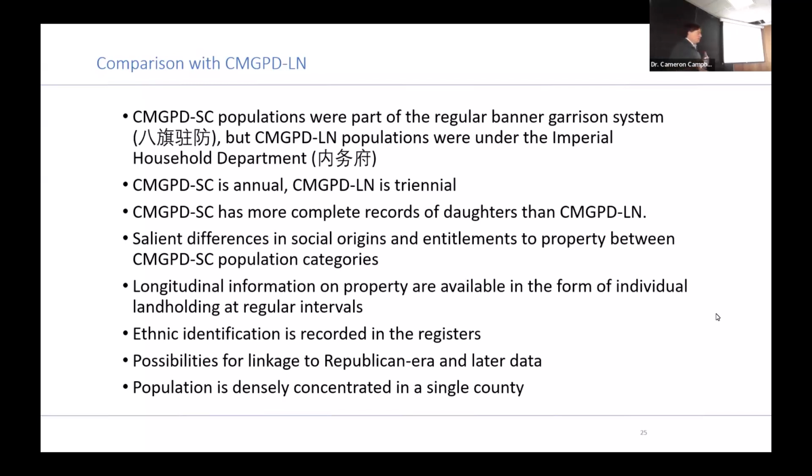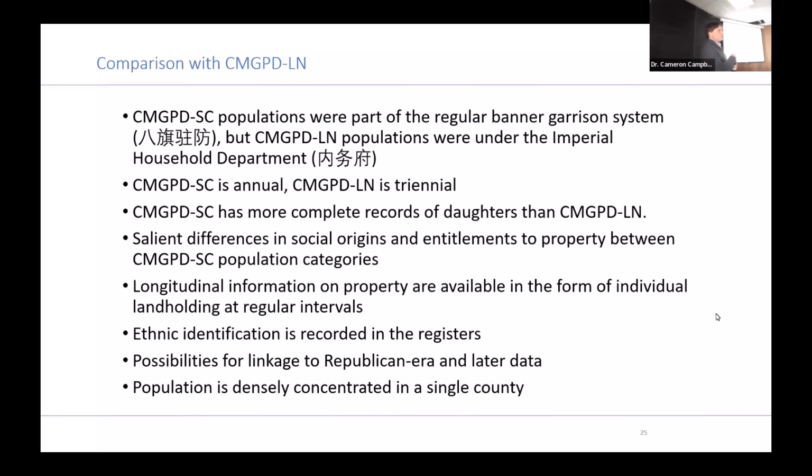The other thing that's quite interesting about the Shuangcheng data is that you actually have ethnic identification specified, at least for male household heads: people are specified as being Han, Manchu, a small number of Mongol, and then one or two other, more obscure groups.